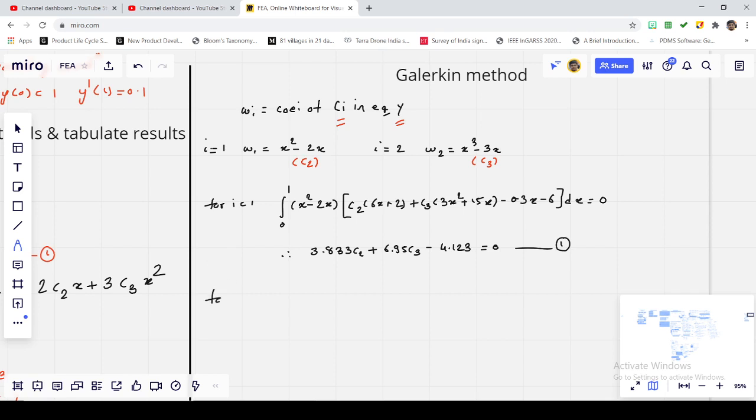The second equation is for i is equal to 2. So we will be substituting this. Integral 0 to 1, it will be x cube minus 3x. Y will remain the same. So C2 (6x plus 2) plus C3 (3x square plus 15x) minus 0.3x minus 6 dx is equal to 0.